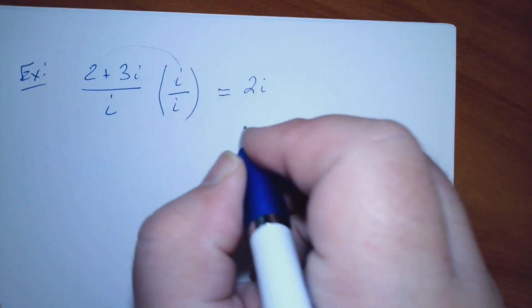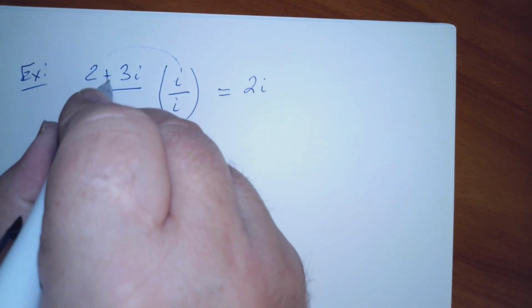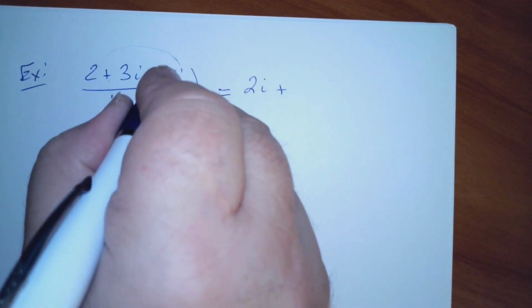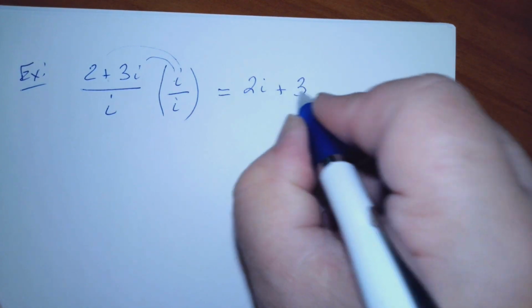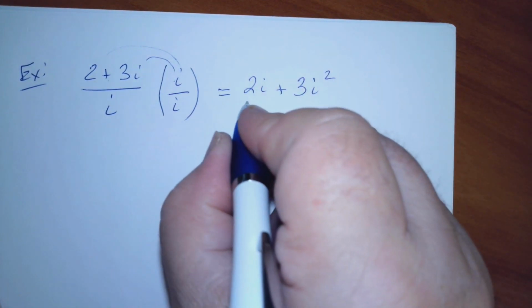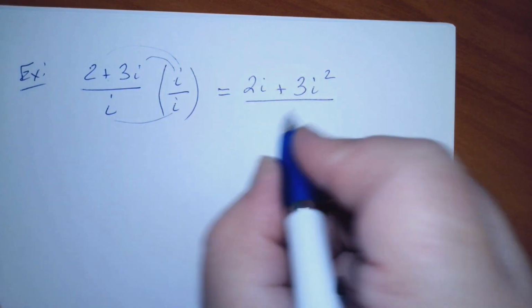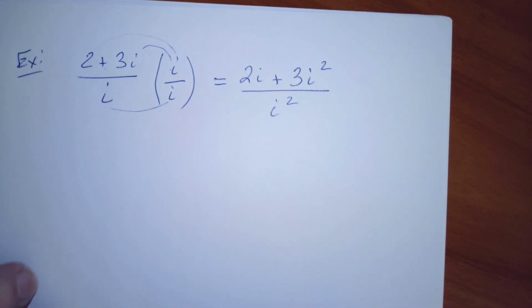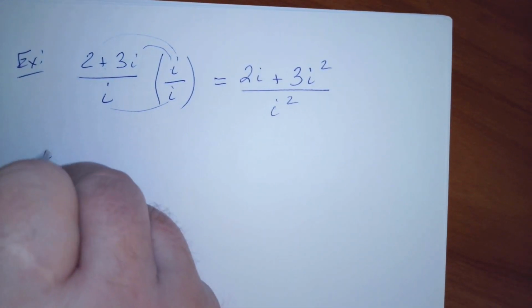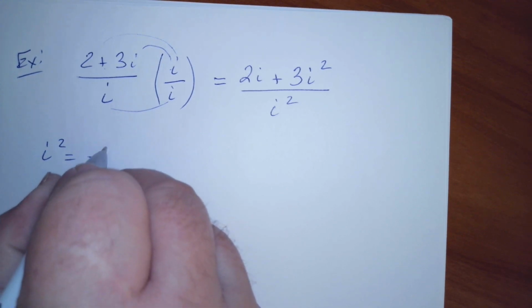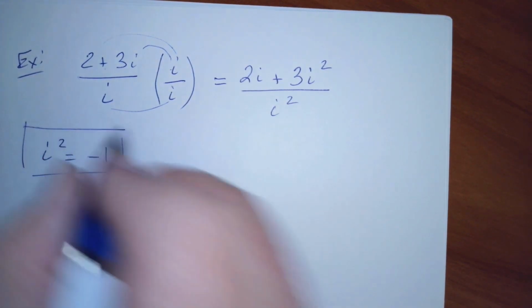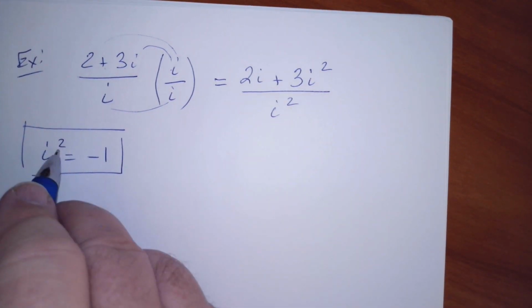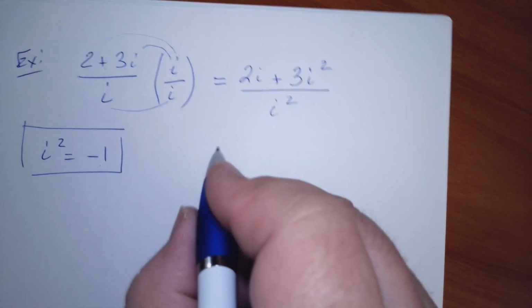So i times 2 is 2i. Positive, positive is positive. i times 3i is 3i squared. i times i is i squared. So whenever you see an i squared, just put a negative 1 in place there.